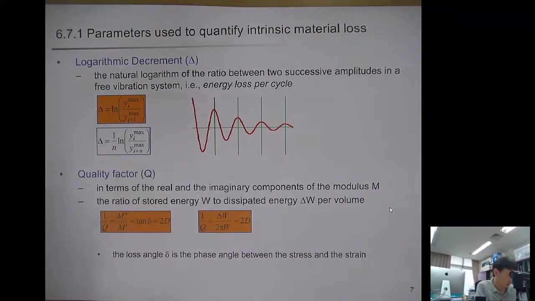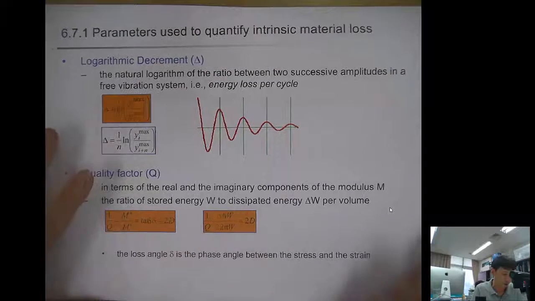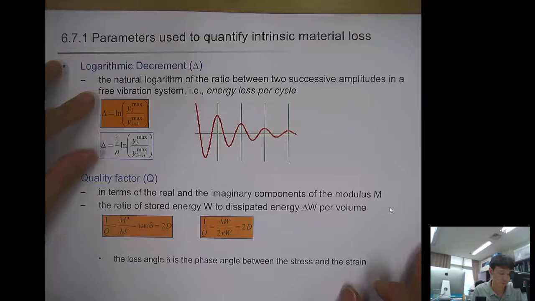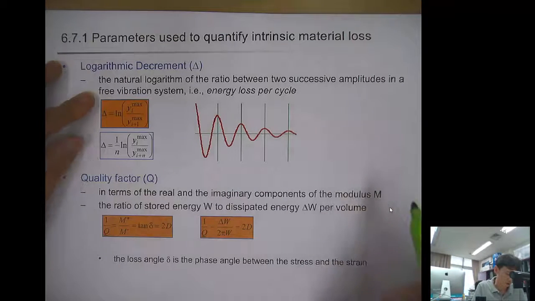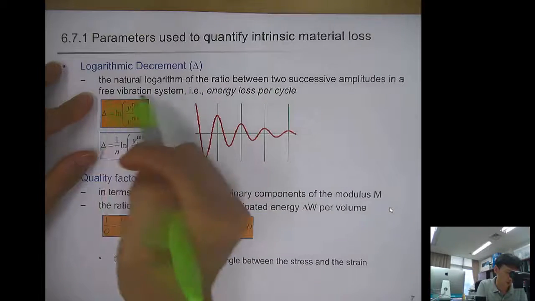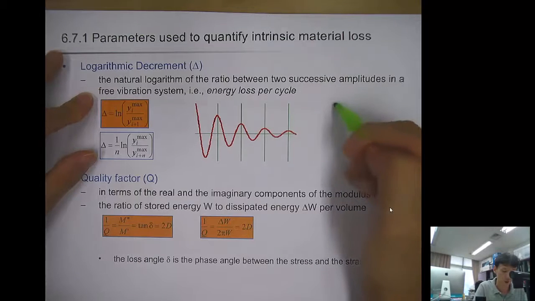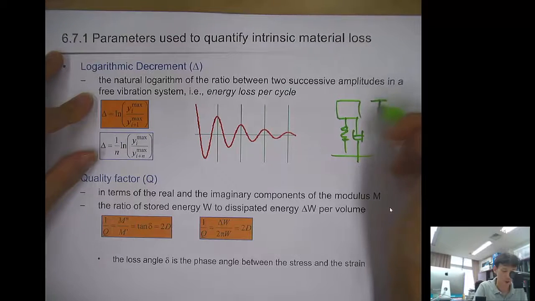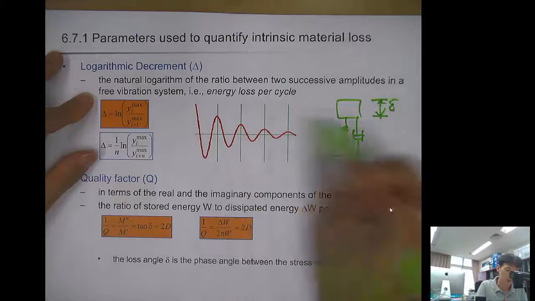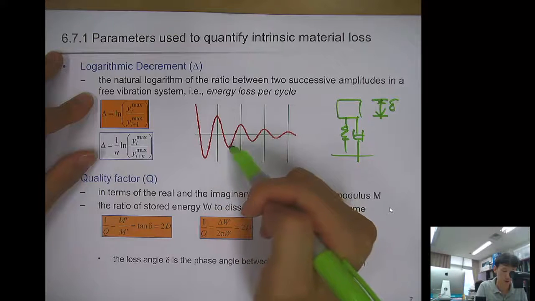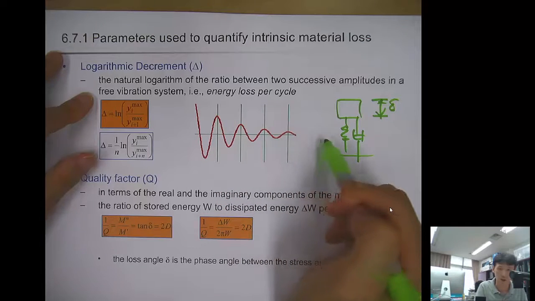A simpler way is to calculate the logarithmic decrement over the wave number. Here, it is the natural logarithm of the ratio between two successive amplitudes in a free vibration system. For example, if you have this kind of a system oscillating up and down, you can record the vertical displacement, which is going up and down and dying over time.